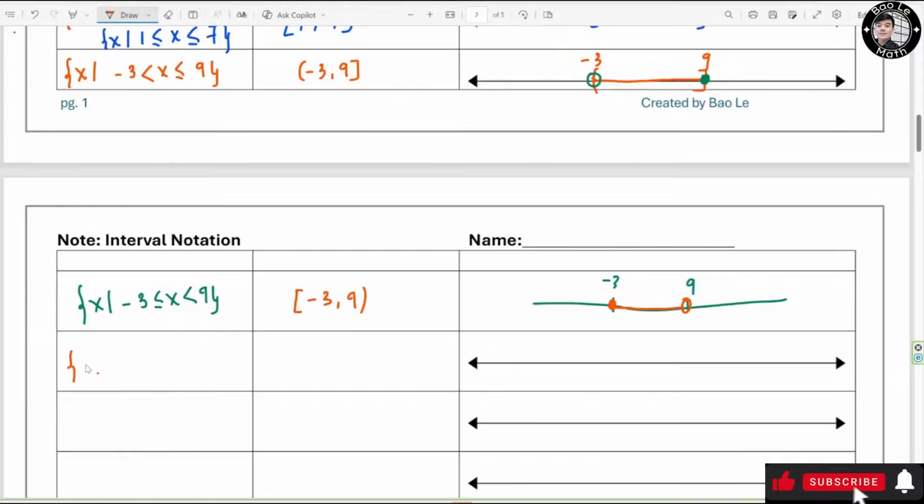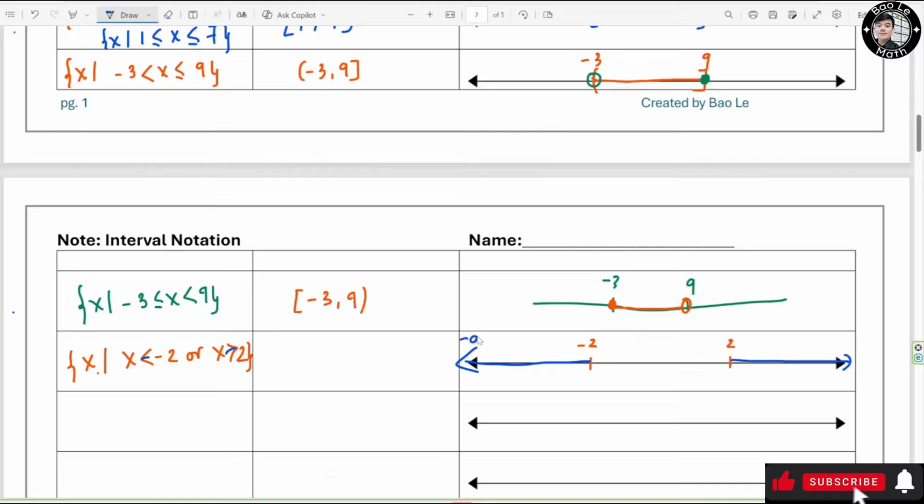Now suppose you have a real number x such that x less than negative 2 or x greater than 2, right? So you have negative 2 right here and 2 right here. Now less than negative 2 you put the line right here. See that arrow point to the left, so it could be right here. Greater than 2, put the line right here. So arrow point to the right, it could be like this, right?